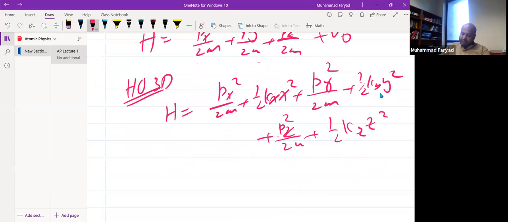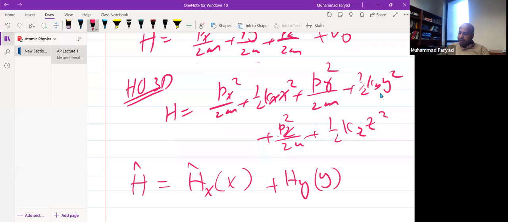But in all of these cases, I could write my Hamiltonian as a Hamiltonian of the x component depending only on the x variable, a Hamiltonian term of the y component, and a Hamiltonian term that only depends on the z component.